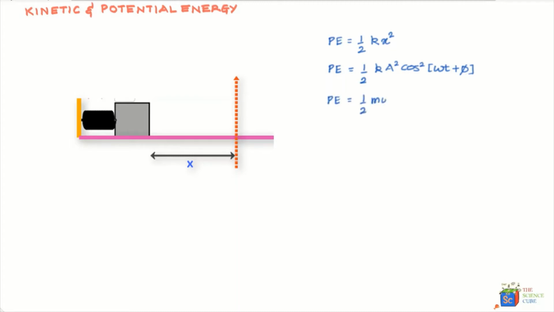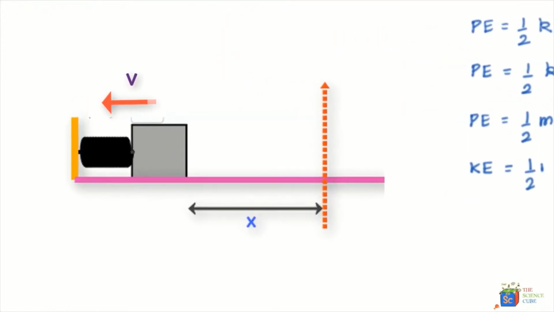Now, potential energy is equal to half m omega square a square cos square. As we know, omega is equal to under root k upon m, so we derive the value of k from this and put it in the equation.